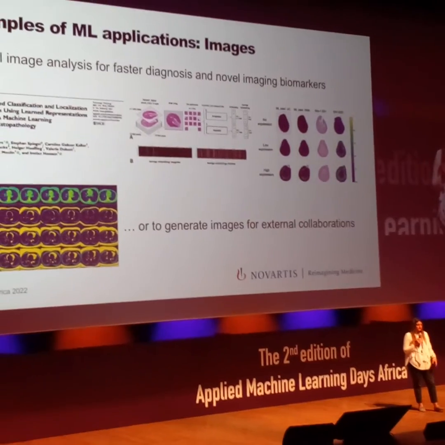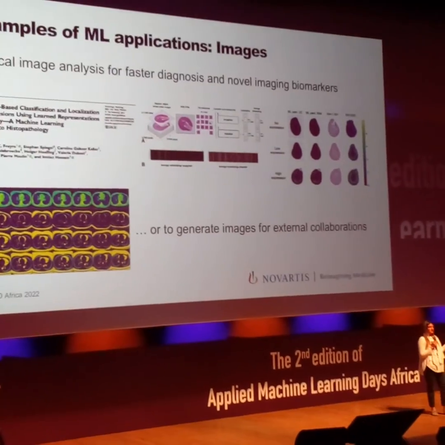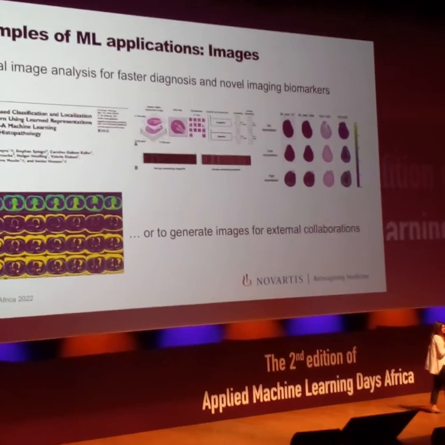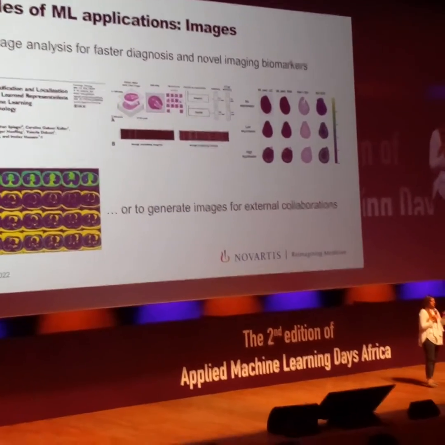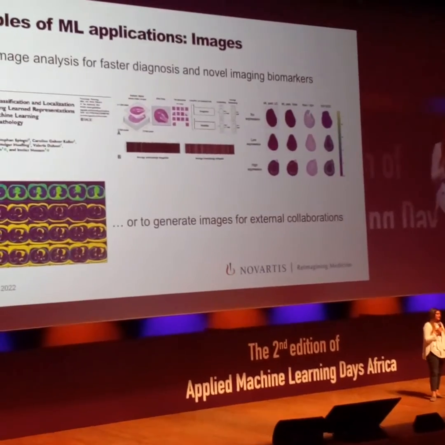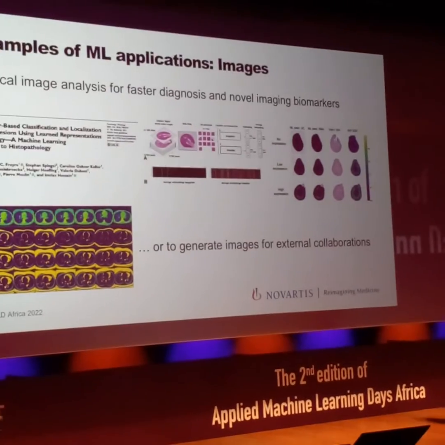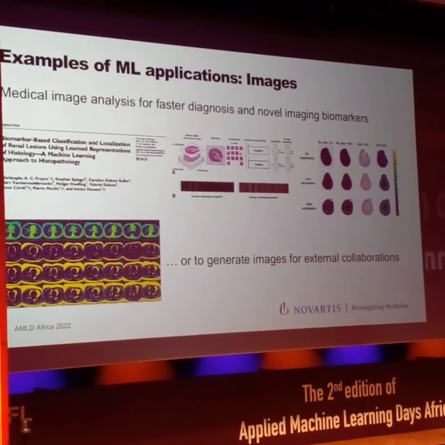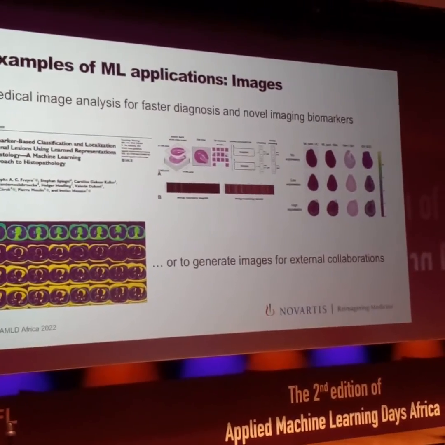In this case, we usually adopt and deploy a lot of methods that are out there in the literature, like UNets, but really the purpose is to have more sensitive and faster imaging biomarkers that we can use in our clinical trials or when delivering care.